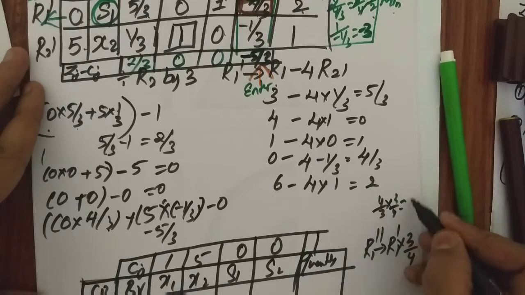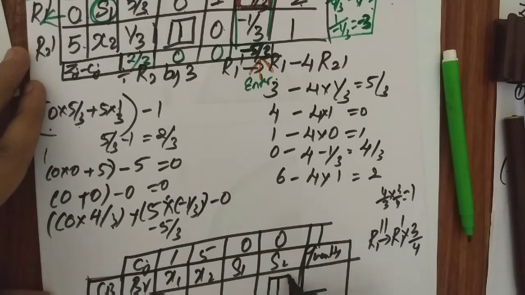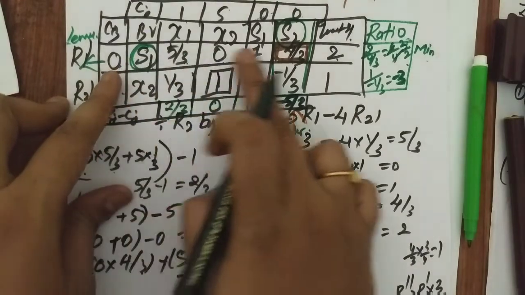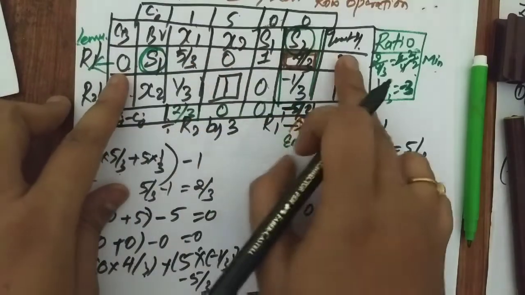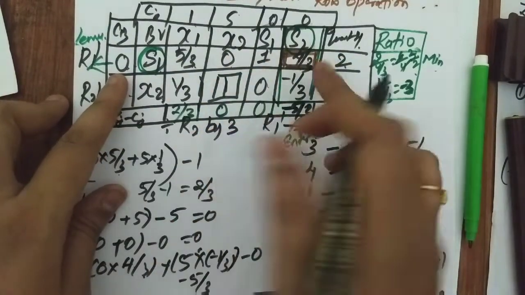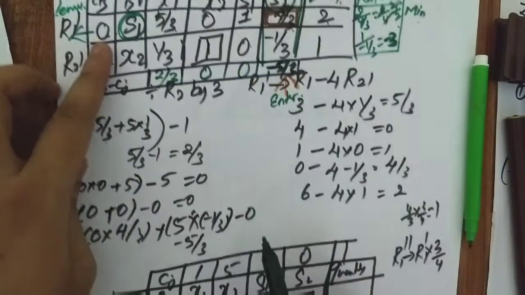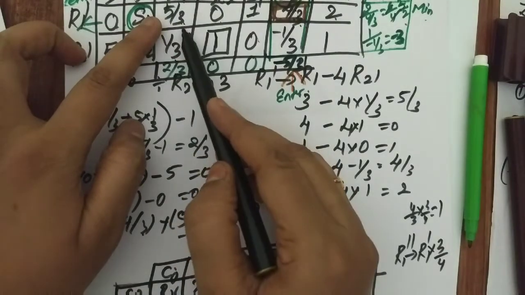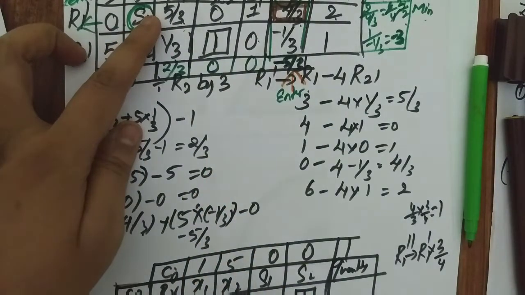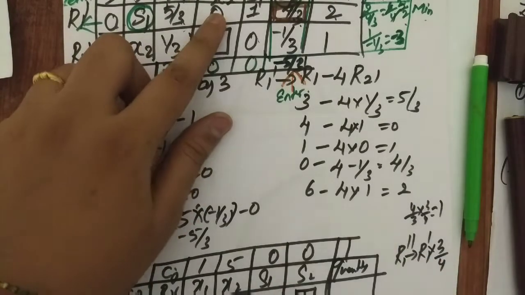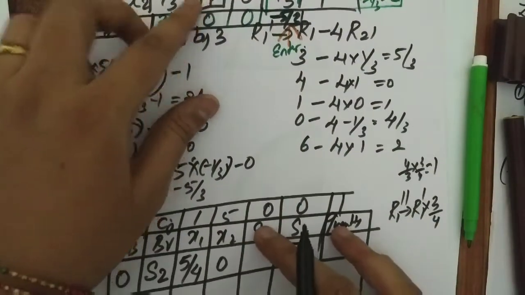We know 4 by 3 into 3 by 4 will be 1. So this will become 1. This is a pivotal. So this entire row, I am just multiplying it by 3 by 4. So 4 by 3 into 3 by 4, I will get 1. By doing so, see here, 5 by 3 into 3 by 4. So 3 cancels out, you get 5 by 4. 0 into, so it will be 0.